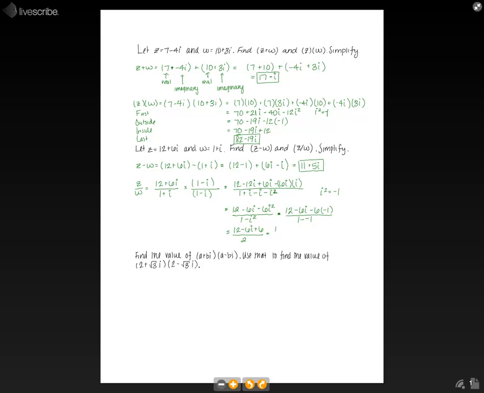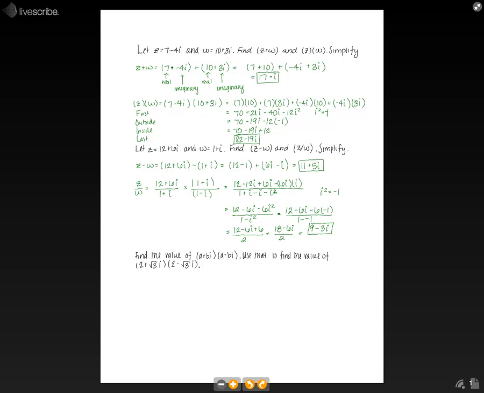That's equal to 18 minus 6i over 2. We should be able to take a 2 out of everything here. So if we factor a 2 out of everything, we're going to get 9 minus 3i, which is our final answer.